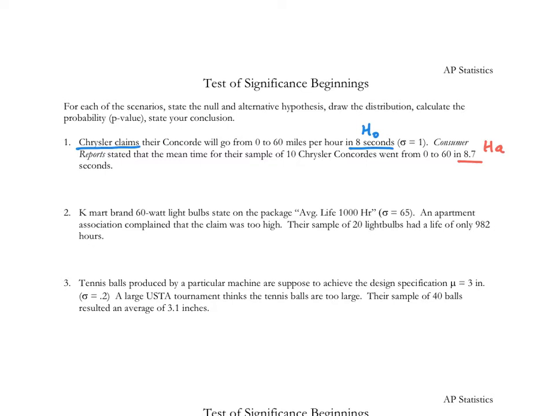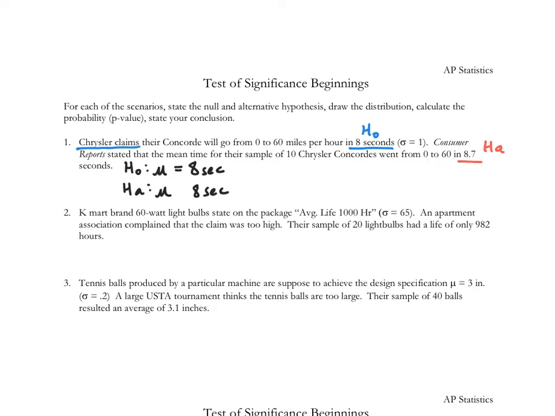So I'm going to use black for this one. Okay, so I'm going to do H0, and the parameter of interest, usually referred to as mu, equals 8 seconds, right? And then HA. Okay, when they sampled the 10 cars, how does the result compare to 8?